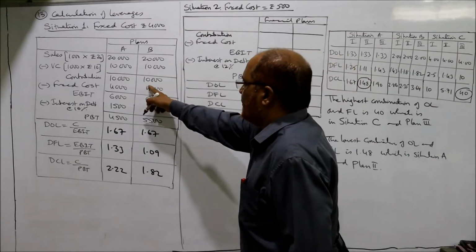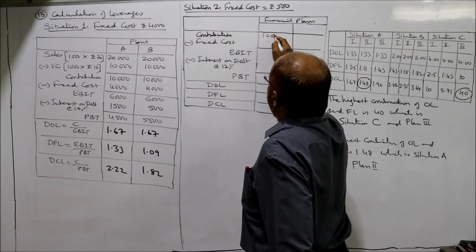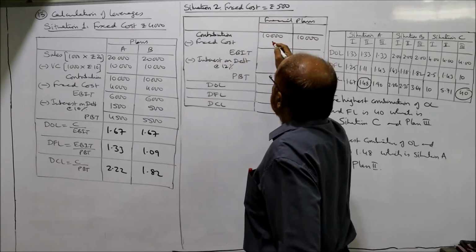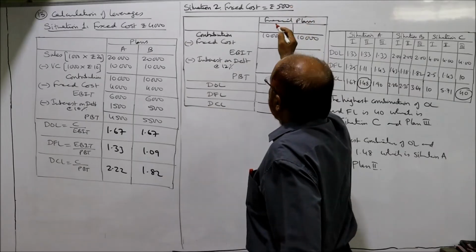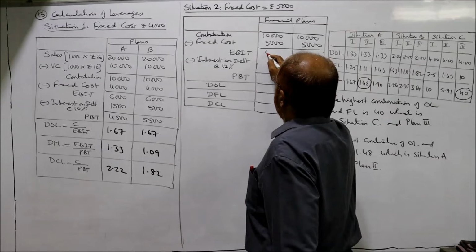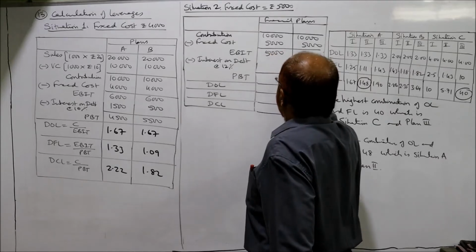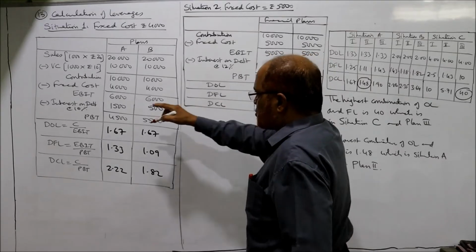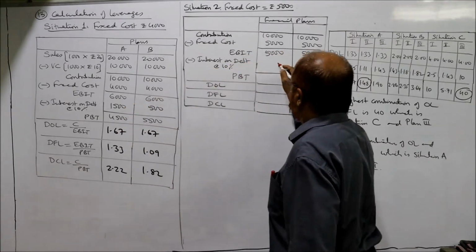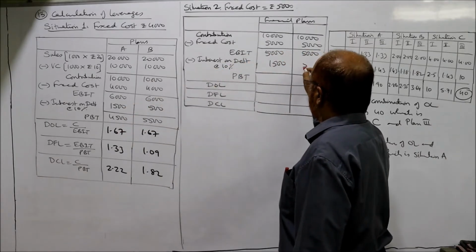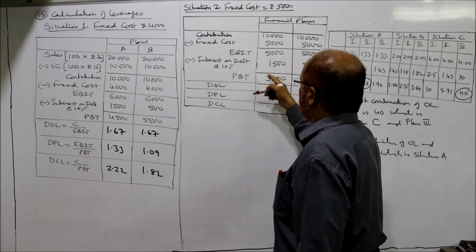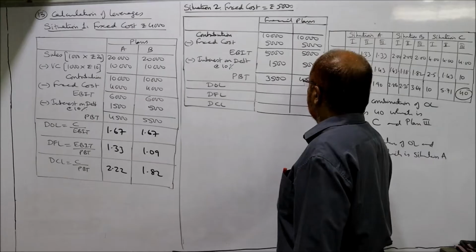How much is the contribution we got? 10,000. Less fixed cost. Fixed cost is 5,000. Interest on debt at the rate of 10%, 1,500, 500. So it will become 3,500 and 4,500.